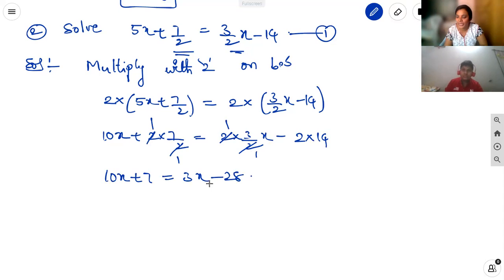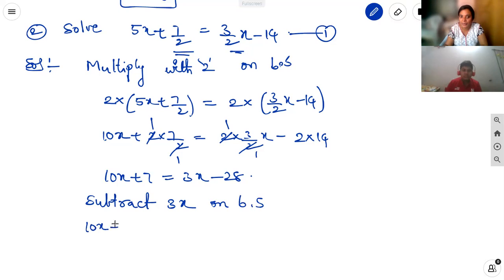First we eliminate the right hand side x term. For that purpose we subtract 3x on both sides. So 10x plus 7 minus 3x equal to 3x minus 28 minus 3x.